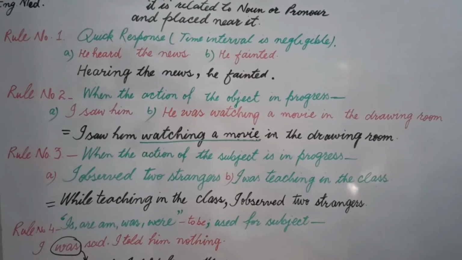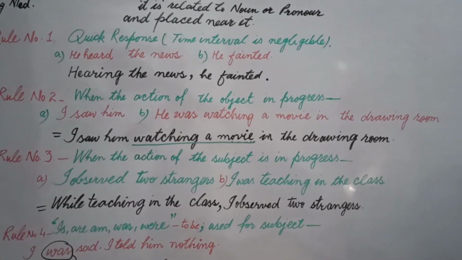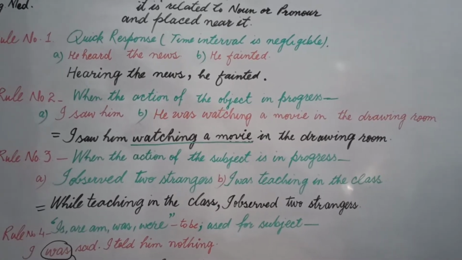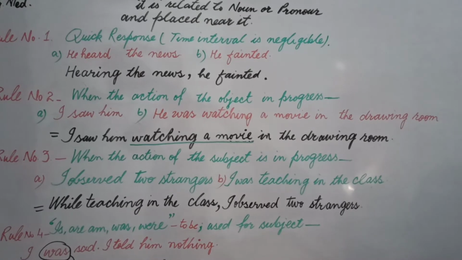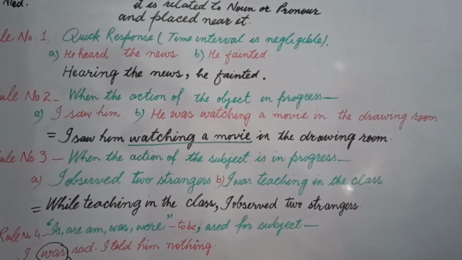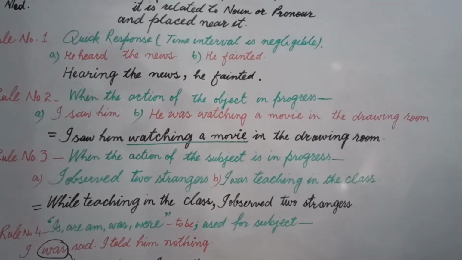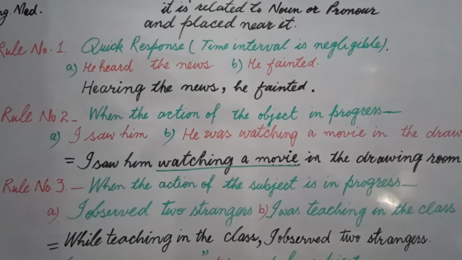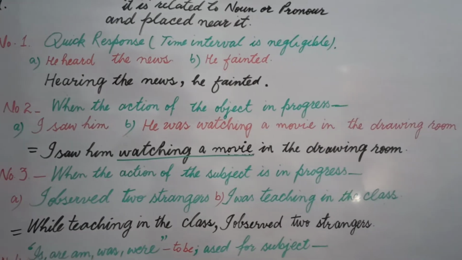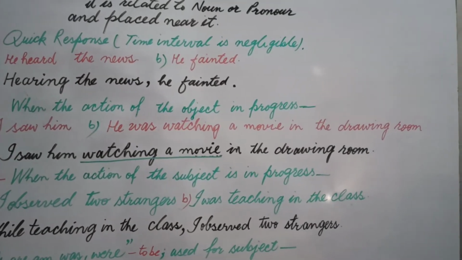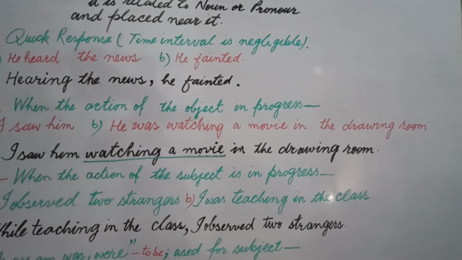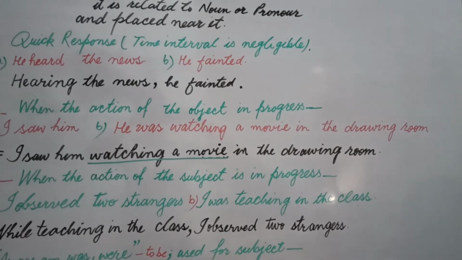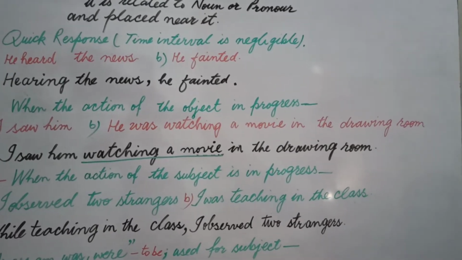In rule number 2, when the action of the subject is in progress, let's see how it works. In part A, the sentence is I saw him. I is the subject and him the object. Let's see sentence B. He was watching a movie in the drawing room. Now this is a sentence of progressive tense, and its subject is he.